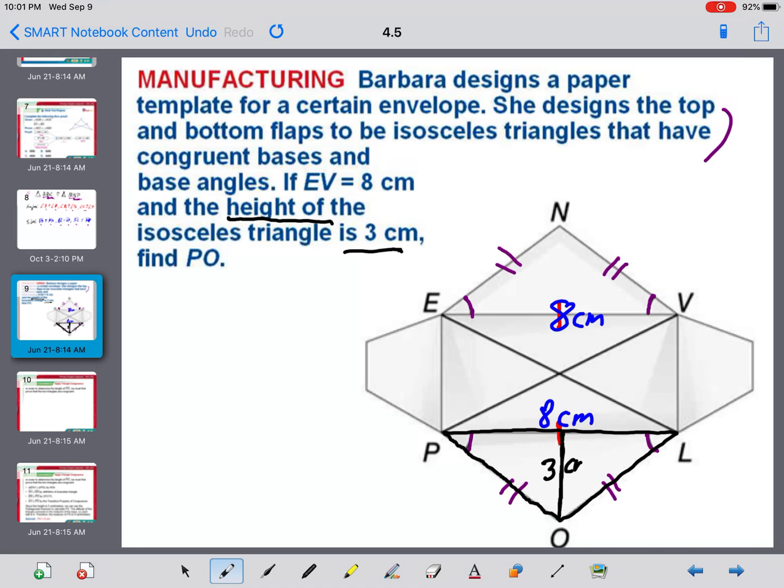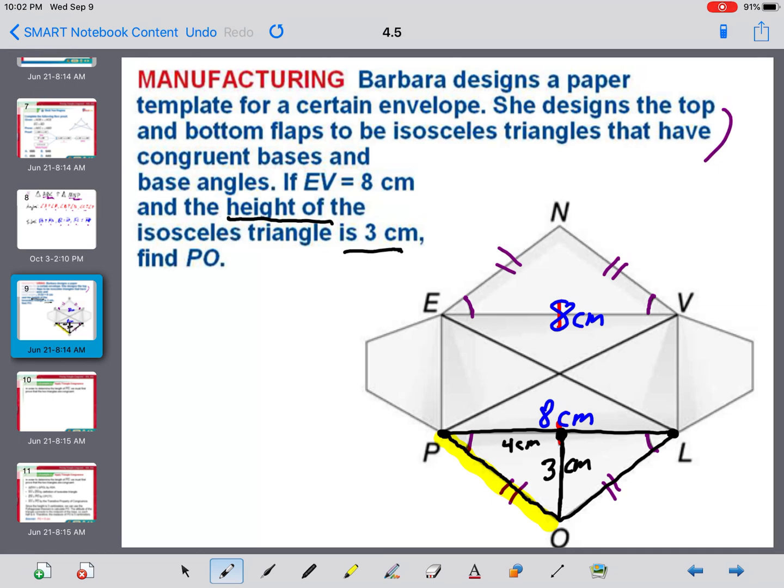I'm just going to try to trace it out a little more and do it halfway decent, neat. Well, that's a squiggly right there. All right. But they tell us this is 3 centimeters right here. And they ask us for PO, which is this side here. That's what they're asking us for.